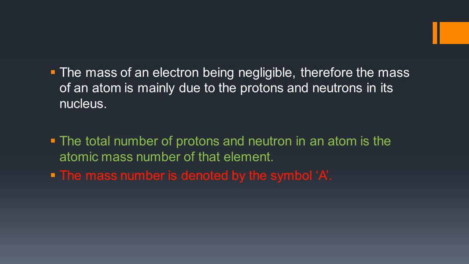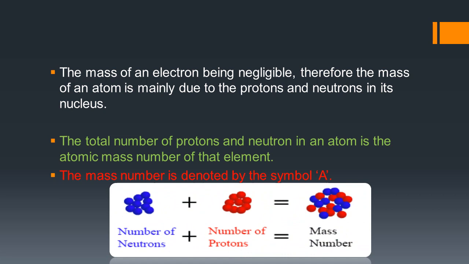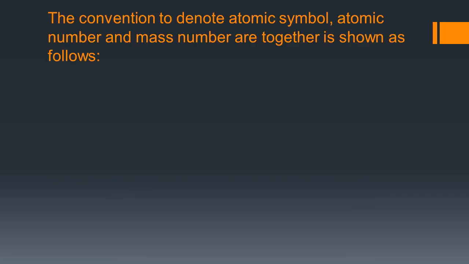The total number of protons and neutrons in an atom is the atomic mass number of that element. The mass number is denoted by the symbol A. Here you can see the number of neutrons plus the number of protons is equal to the mass number A.